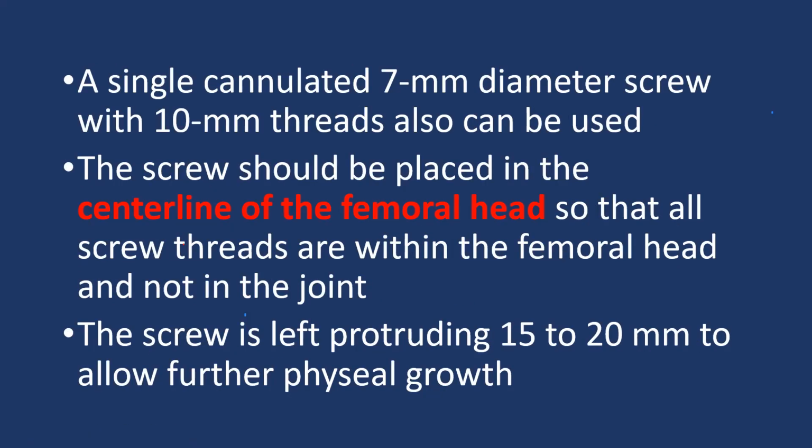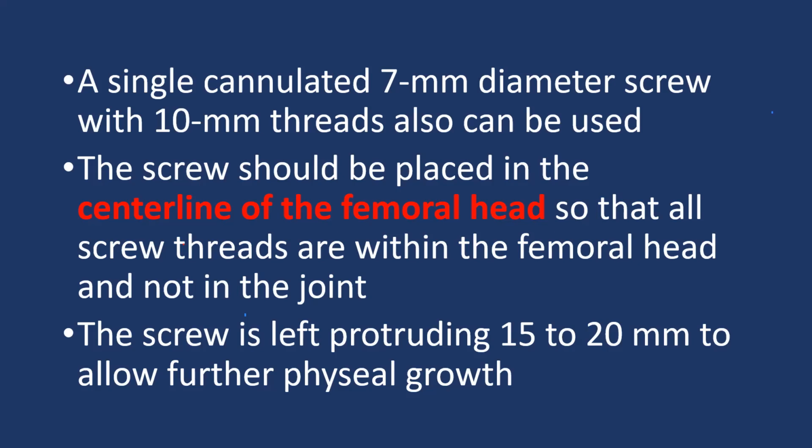A single cannulated 7 mm diameter screw with 10 mm threads also can be used. The screw should be placed in the center line of the femoral head so that all screw threads are within the femoral head and not in the joint and not in the physis. The screw is left protruding 15 to 20 millimeters to allow for further growth. What is the use of putting a threaded screw across the physis?